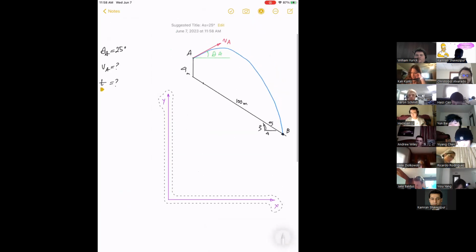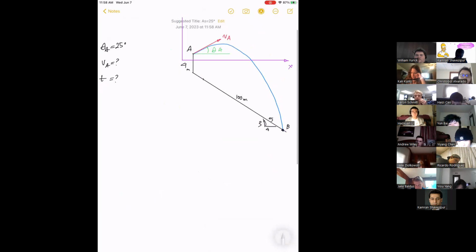Now, here's the thing. You can put it here, for example, right? You can put it here. Or you can put it here. Which one you like? The current one. This one?